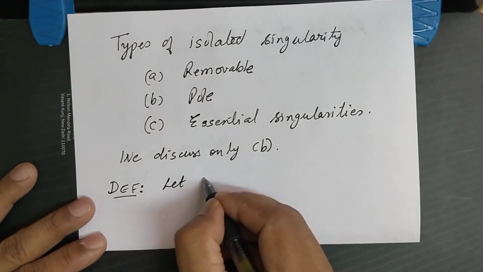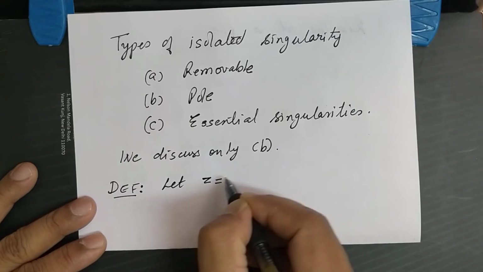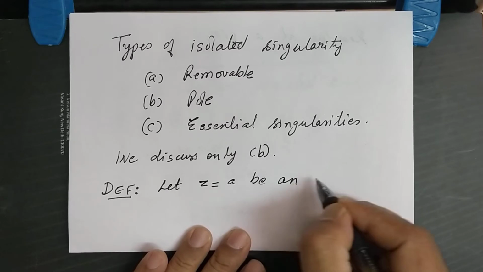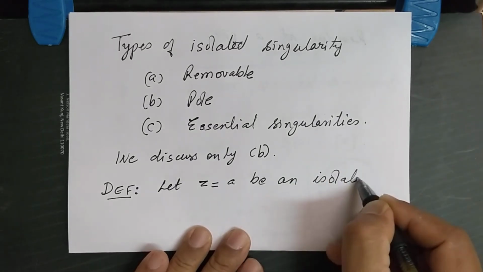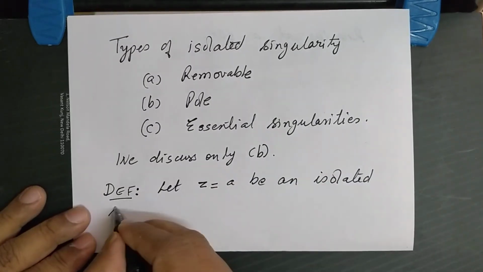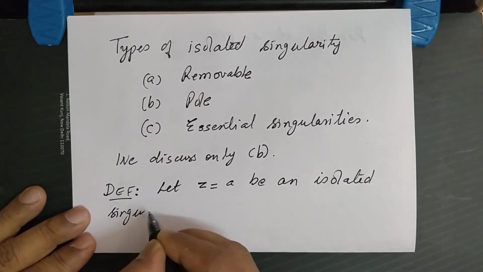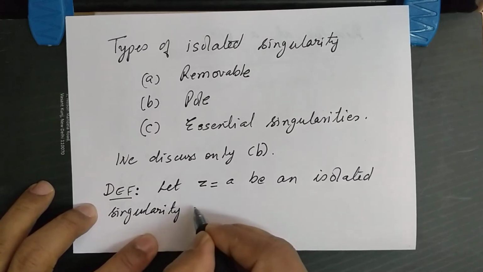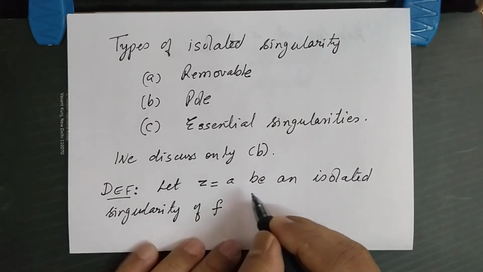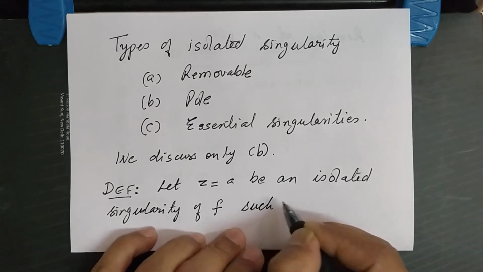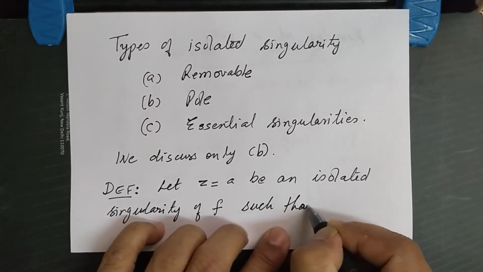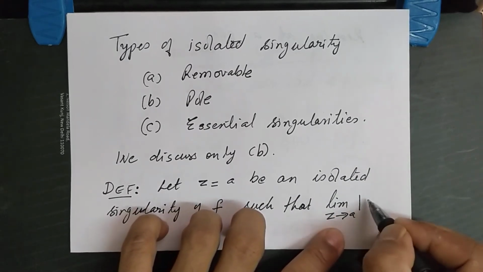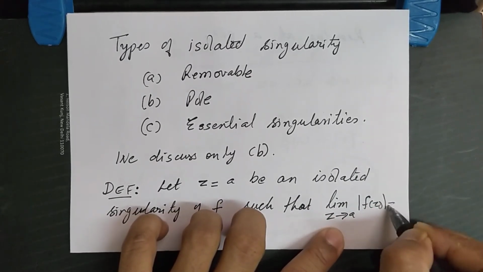Let z equal to A be an isolated singularity of F such that the limit z tending to A of mod F of z is infinite.